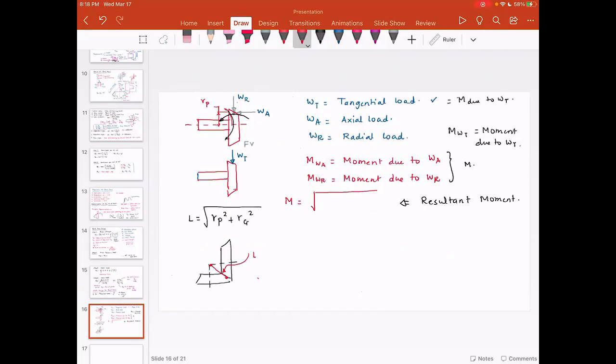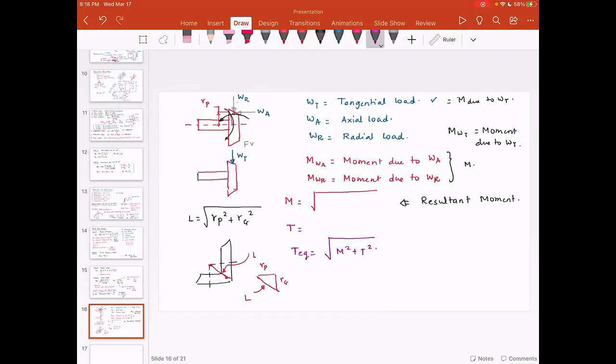If you look at this, this is the radius of the pinion, the radius of the gear, and this distance is L. Then we have to find out the torque, which is already known. And then we have to find out TEQ, which is the square root of M squared plus T squared.